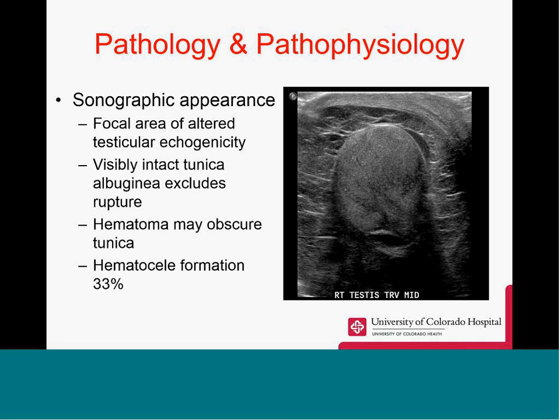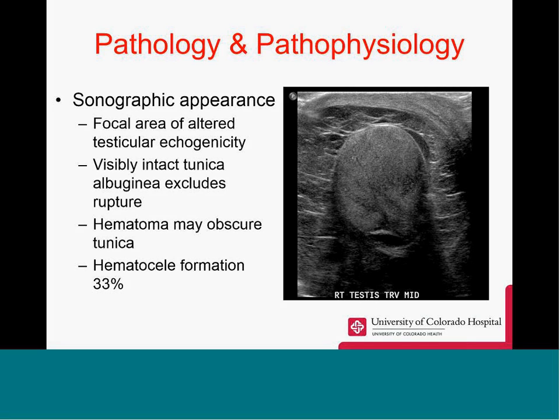On ultrasound, a focal area of altered testicular echogenicity will help you find your area of rupture. If you see a visibly intact tunica albuginea, this does exclude rupture.